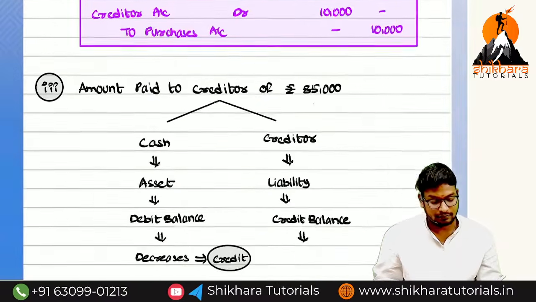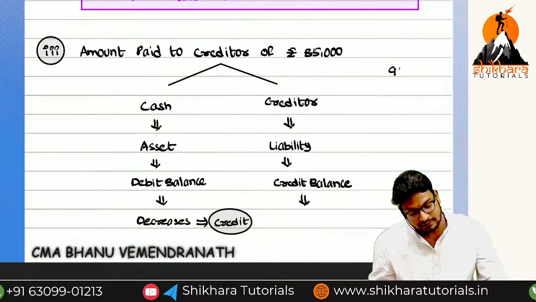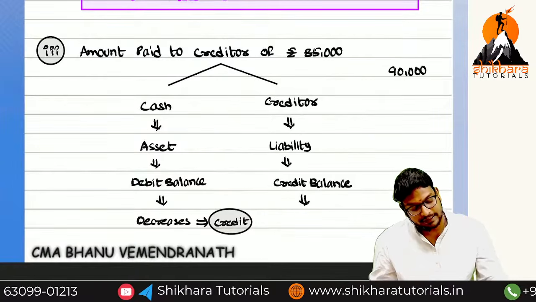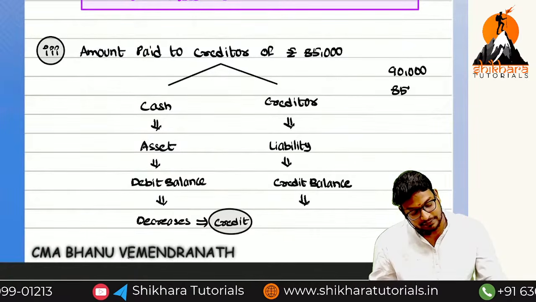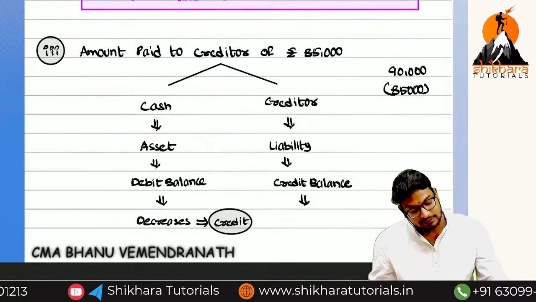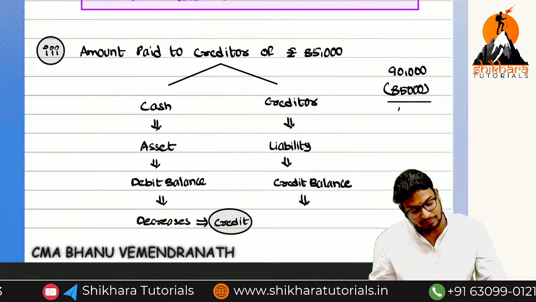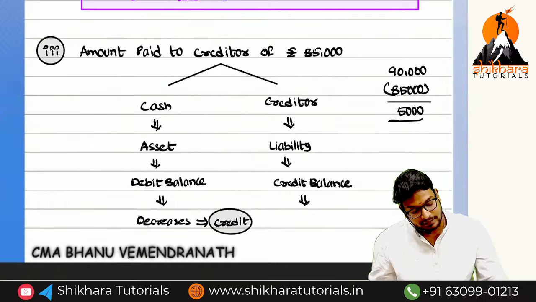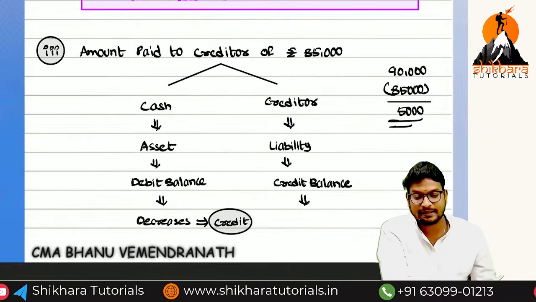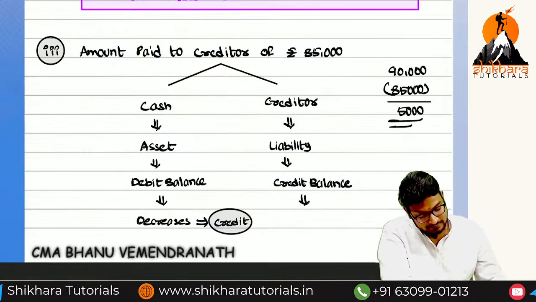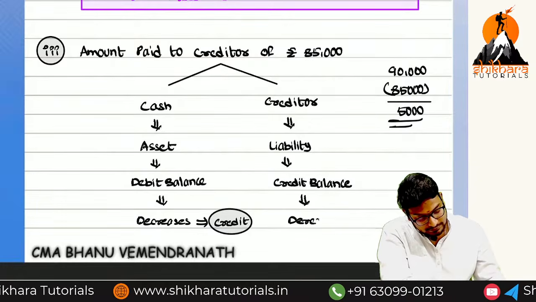Now our opening balance is 90,000. Out of 90,000, how much have we paid? 85,000. So the creditor value becomes 5,000. Is our creditor value increasing or decreasing? Decreasing.